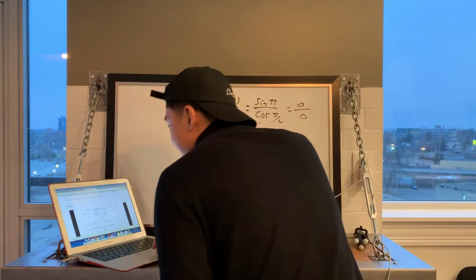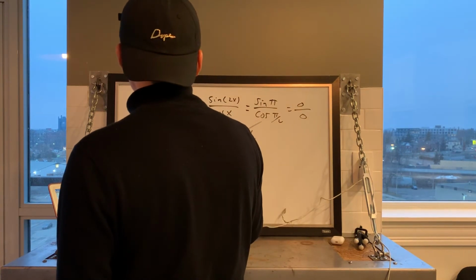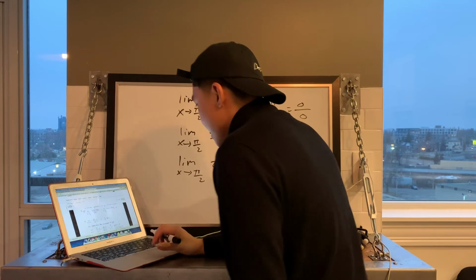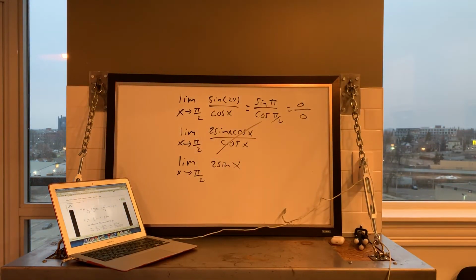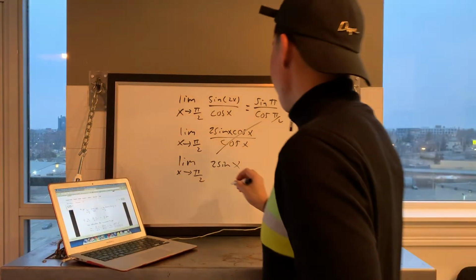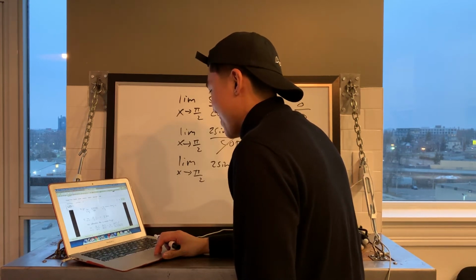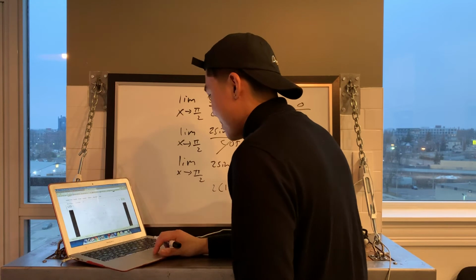And what happens now is that you have the limit as x approaches pi over 2 of 2 sine x. So when you actually evaluate the limit, you get 2 times 1, which is 2, as your answer.